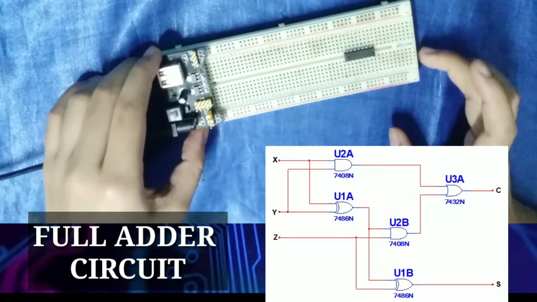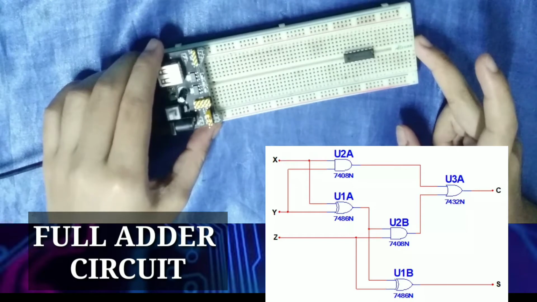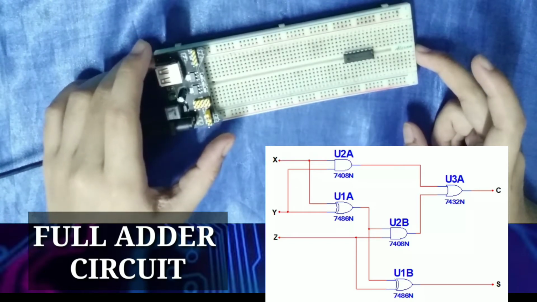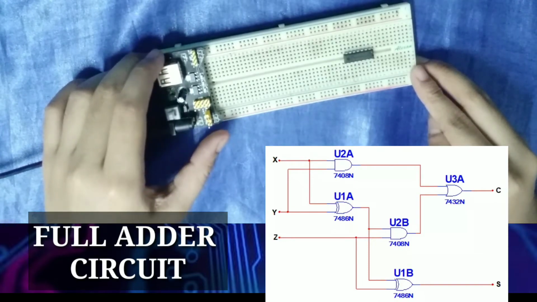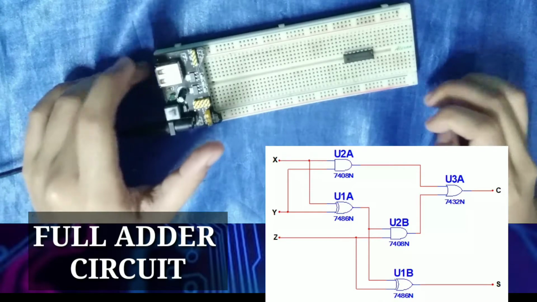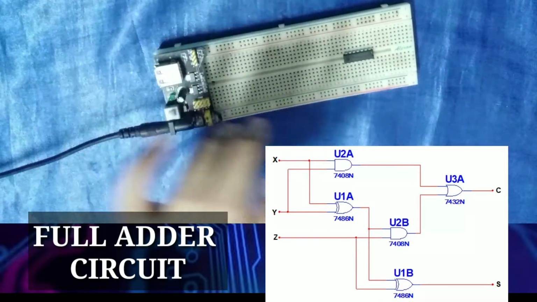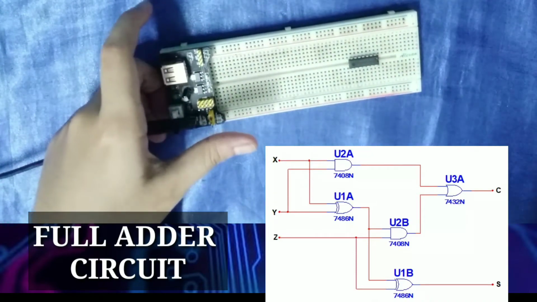Now, we will be moving on to part 2 of the experiment paper. We will first be constructing the circuit for the full adder diagram. Based on the logic diagram shown on our screen, we will again need a 7486 integrated circuit.